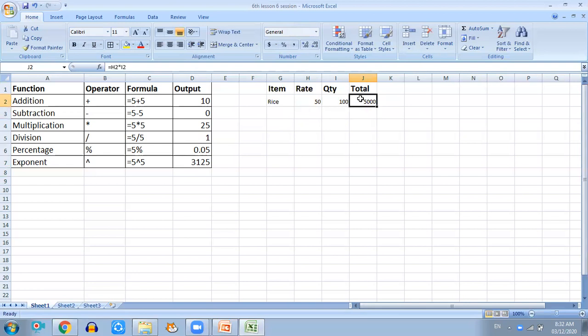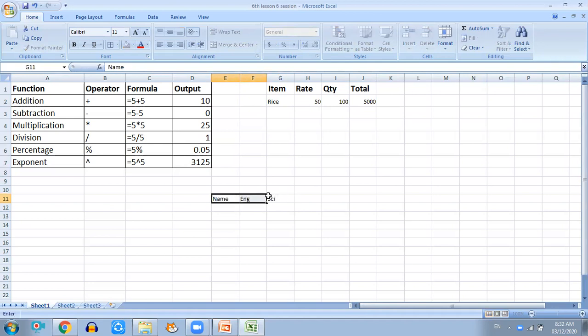This is a best example. Also we can do the total with the plus operator, where we want to add. For example, a particular student has a name and subject marks like English and science.